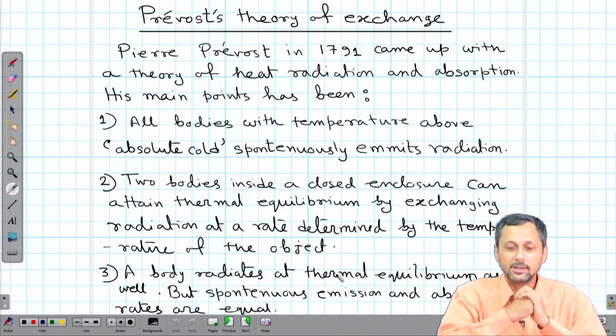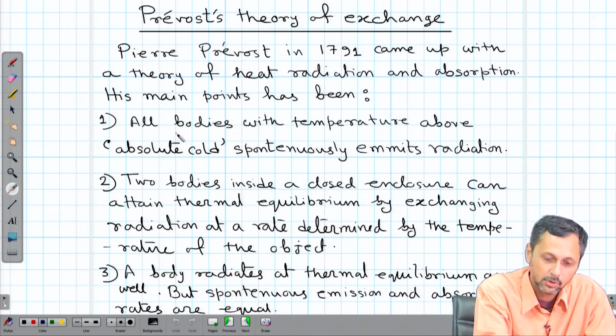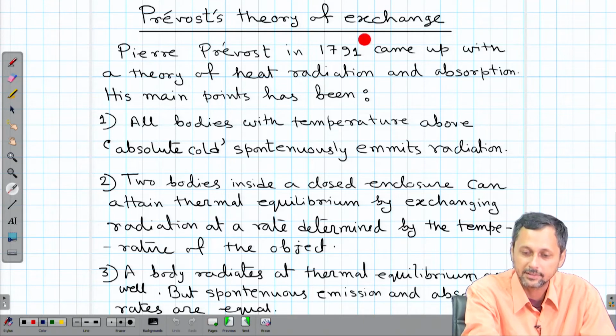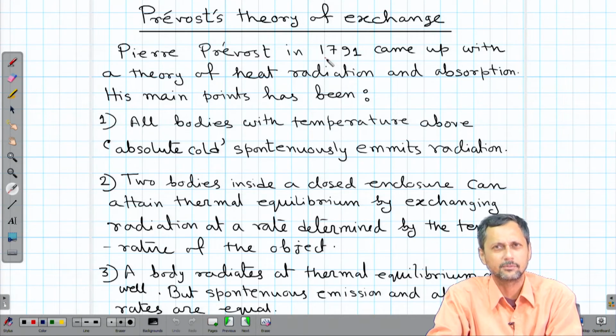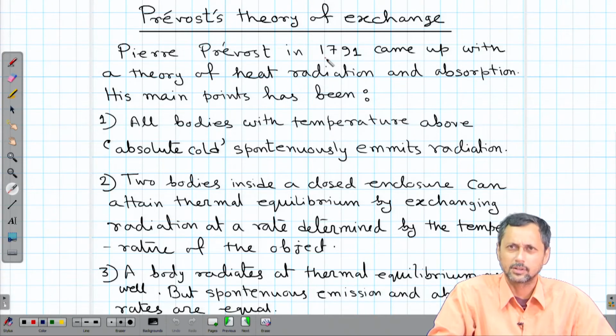But around 1791-92, Prevost came up with his theory of exchange. What he said is that all bodies with temperature above absolute cold, and I am intentionally saying absolute cold because the term absolute zero was not defined in 1791. The term absolute zero was coined some 50 years later, around 1840, I think by Lord Kelvin.